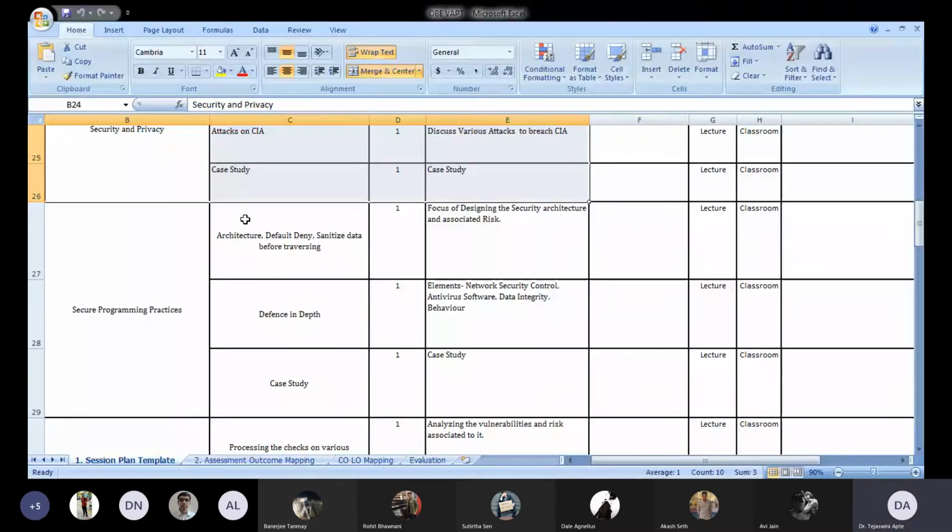Shall we proceed ahead? So this is the thing, and then we have discussed the architecture of security. What is the requirement of sanitizing the data? When you take care of sanitizing the data, there is also a need to sanitize the storage. Even if you purge or delete the data, please make sure the data is really removed.